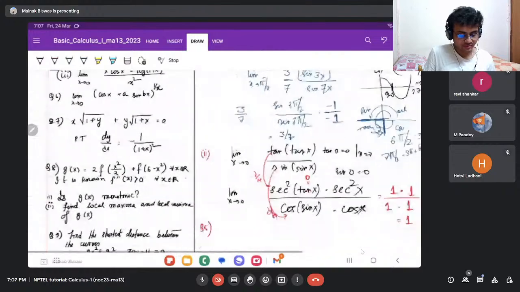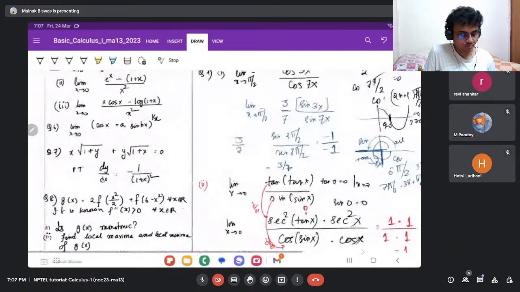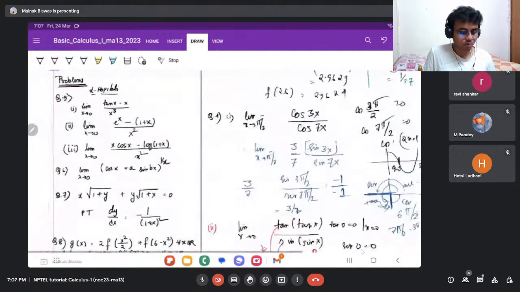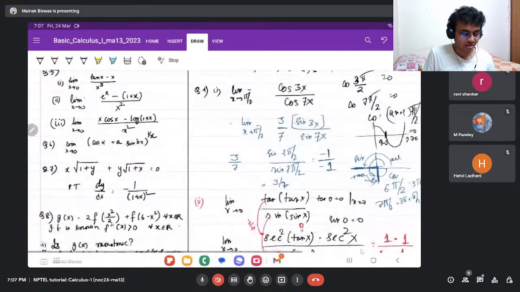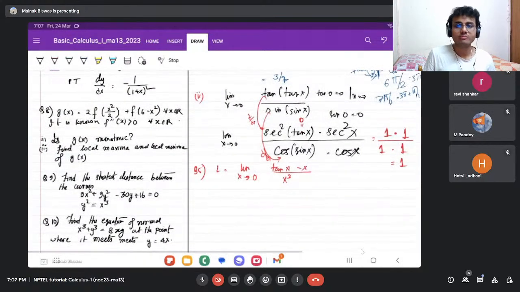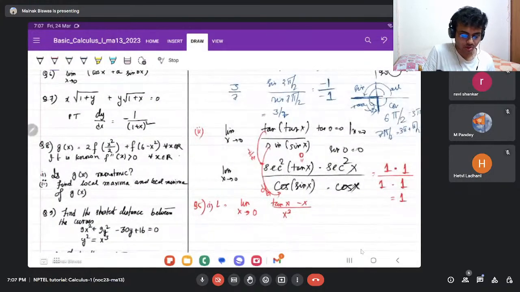So question number 5 says that L is equal to limit x tends to 0 of tan x minus x by x cube. Now to make it more interactive, I'll solve this once you have solved this question. I'll wait for 1 minute for you to solve, and then I'll solve.